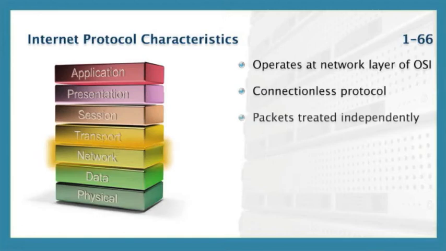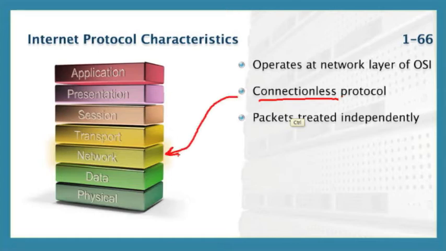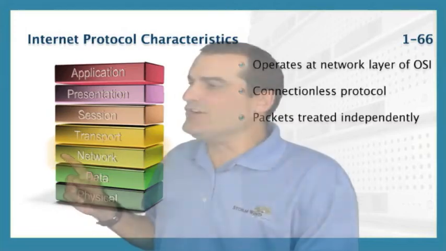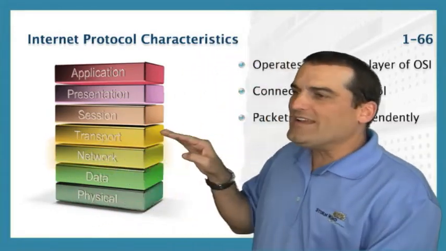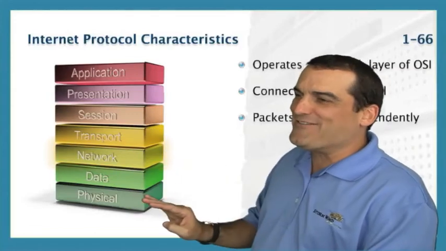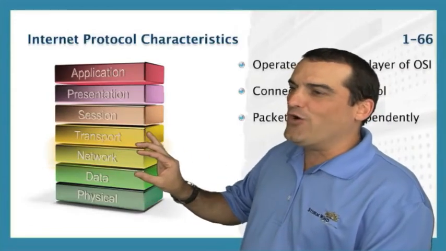The first is that it is connectionless. It is connectionless, meaning it is not reliable, the stuff that goes on at the network layer. You see, the network layer says, look, if you want reliability, do it up here, do it down there, leave me alone.